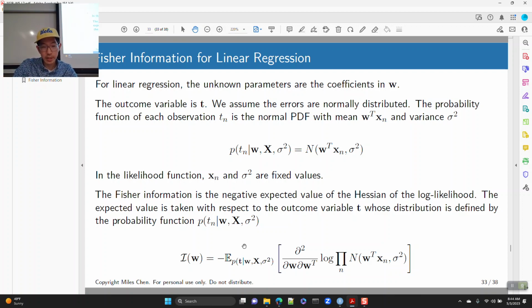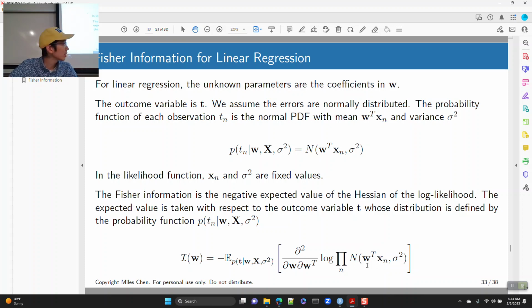The t values are defined by the probability function, which is our normal distribution centered at W transpose X with variance sigma squared. So for the normal distribution, our expected value for t sub n will be W transpose X sub n.